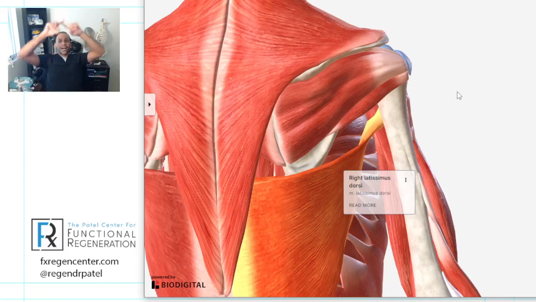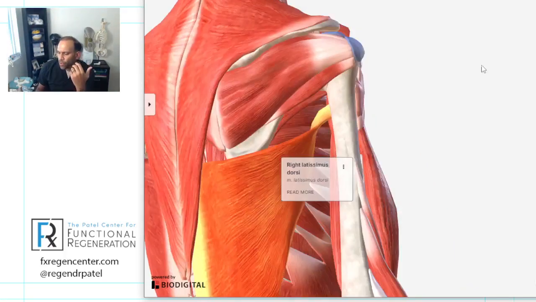So any of your lat bar exercises when you're sitting and you pull down on the bar, or pull-ups, right? Pull-ups when you're pulling yourself up, or chin-ups when you're pulling yourself up to the bar. These exercises engage the lats.